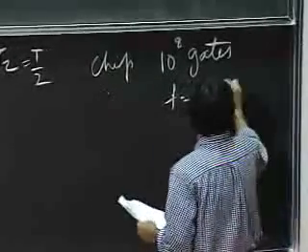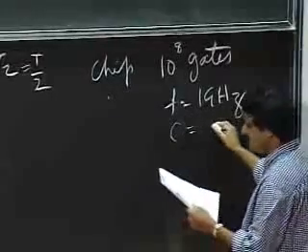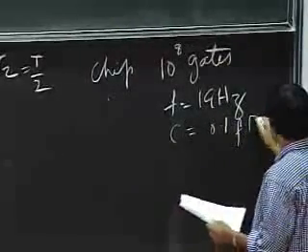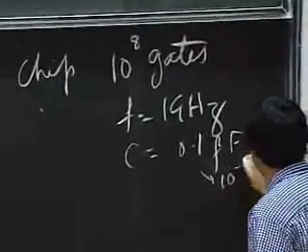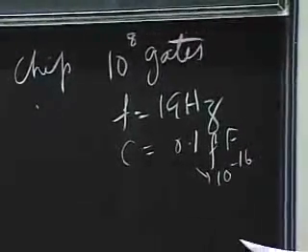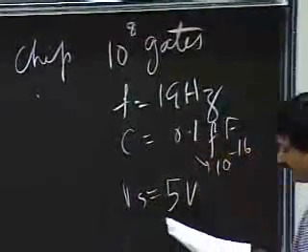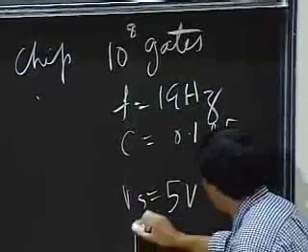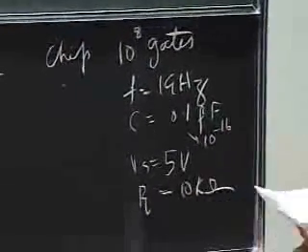F is 1 gigahertz, that's 10 to the 9. Assume C is 0.1 femtofarads, which is 10 to the minus 16 farads. Assume VS is 5 volts. Assume RL is 10 kilo ohms.